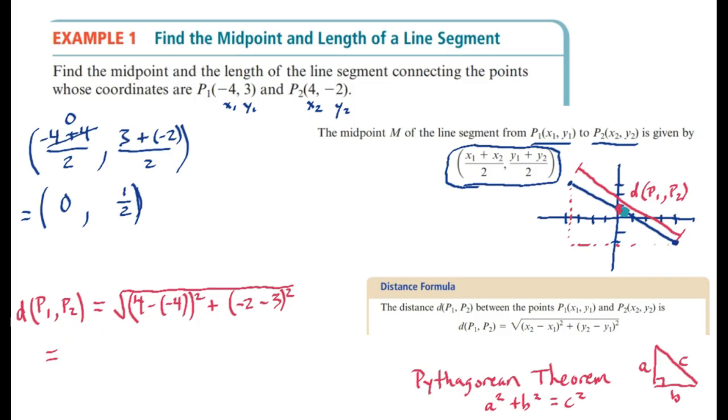So we just need to simplify this. We have 4 minus a -4. Minus a negative is like a plus, so it's like 4 plus 4. So that's the square root of 8 squared, plus -2 minus 3, which is -5 squared.